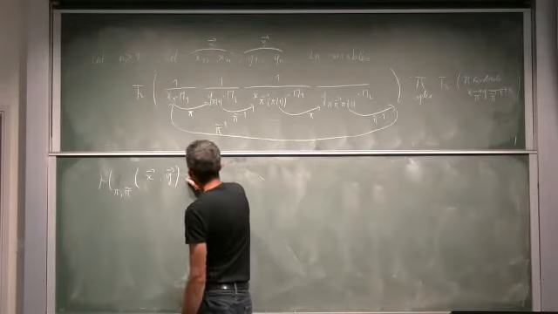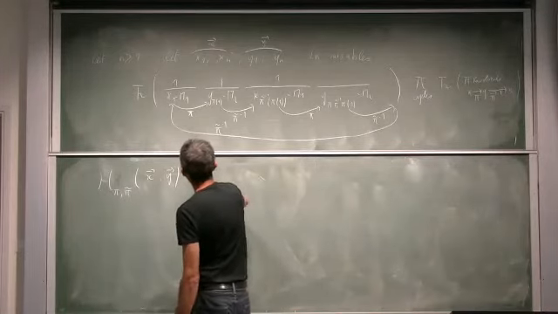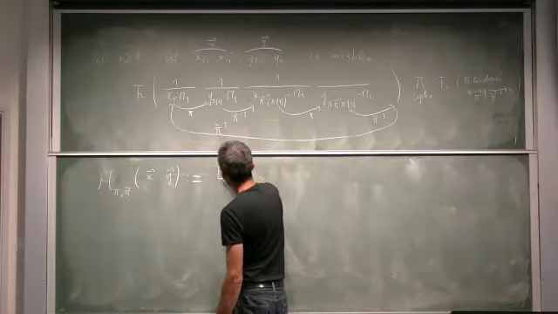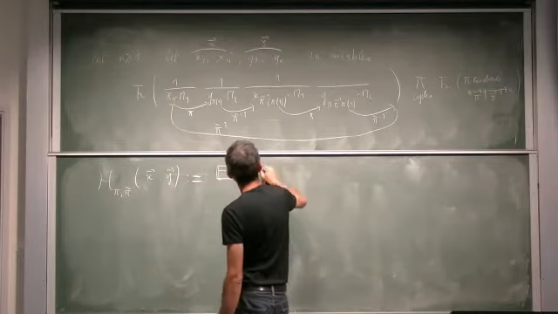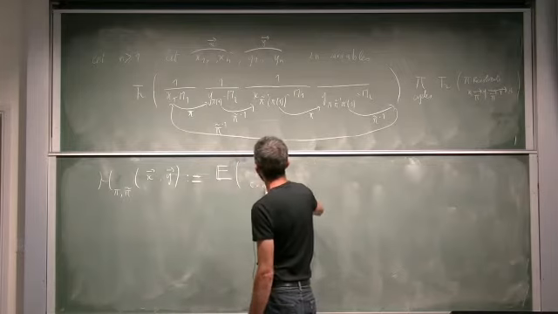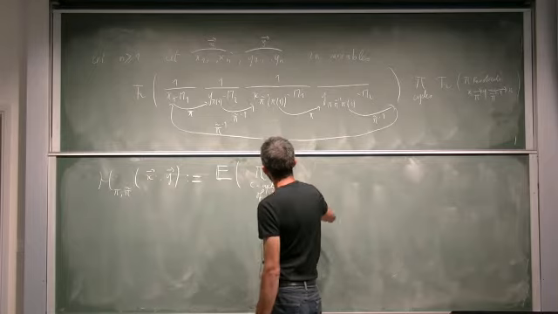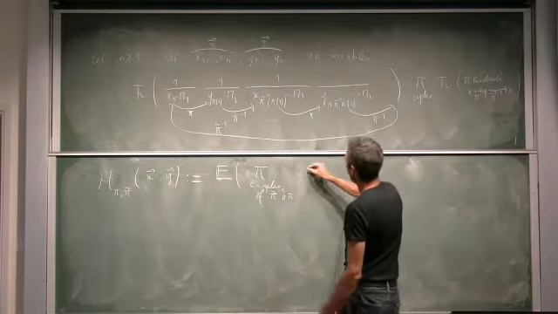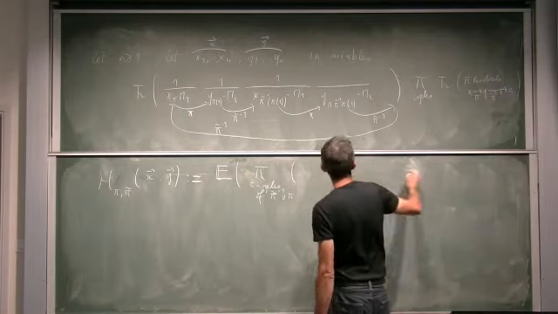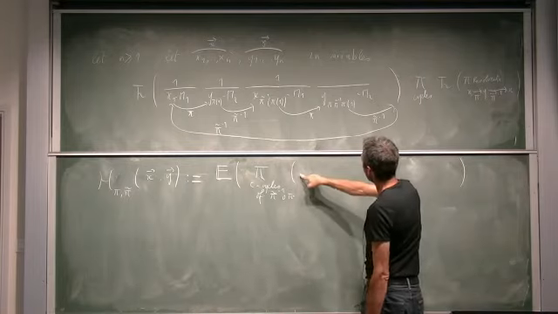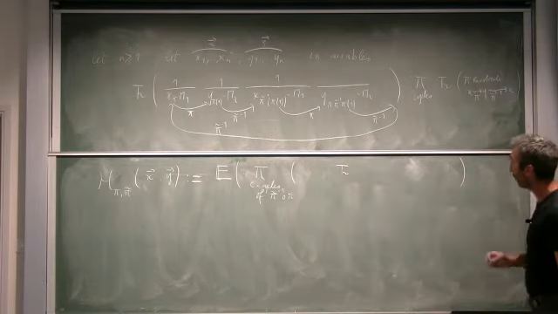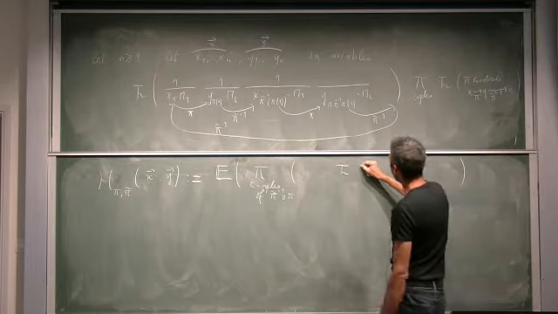It will be defined as the expectation value of the product over cycles of pi tilde inverse composed with pi. And for each cycle, leave some space here if you are writing, trace of the product.